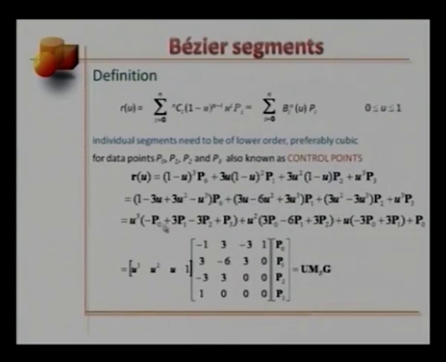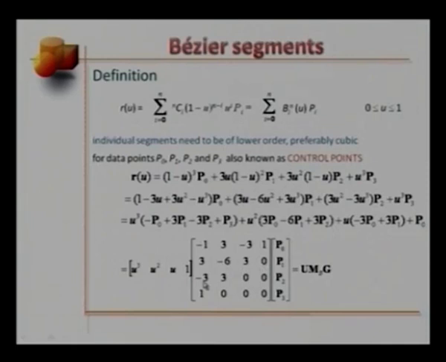And like we did in the case of a cubic Ferguson curve, we are going to represent this expression in the matrix form or the compact form. This is a 1 by 4 matrix containing the terms u cubed, u squared, u and 1. This is a 4 by 4 constant matrix with elements in the first row as minus 1, 3, minus 3 and 1. In the second row, 3, minus 6, 3 and 0.